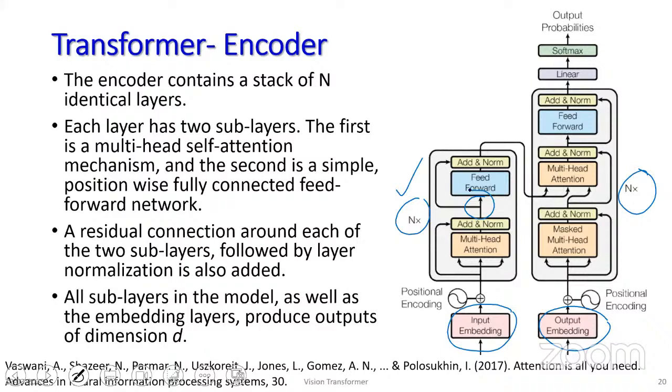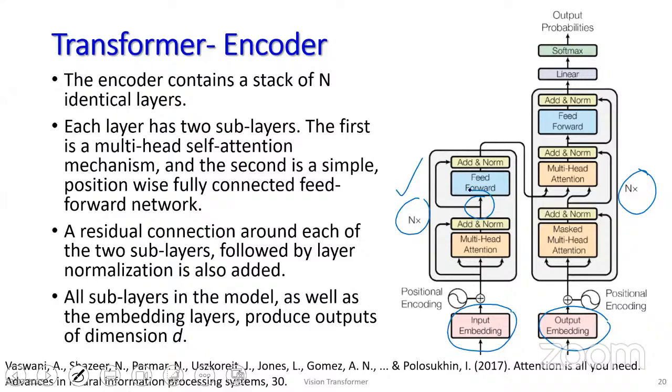What is meant by this? It is where this word is and how this word positions itself in the sequence, right? That is what positional encoding is. Otherwise, without positional encoding, it will be just a bag of words.